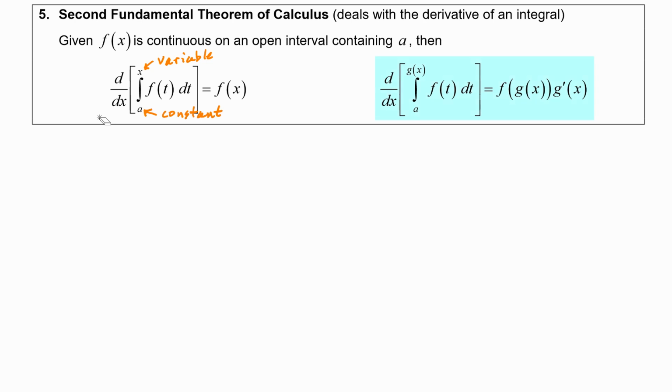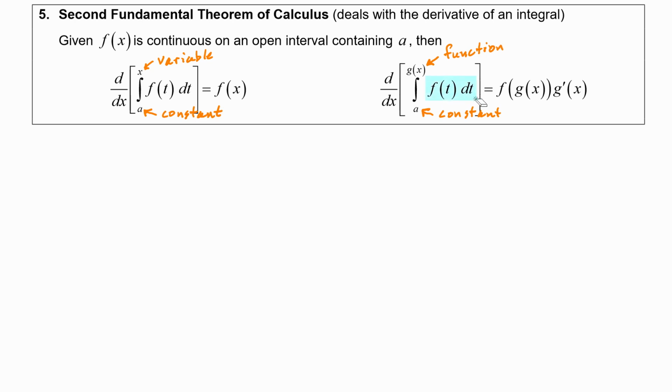Now in the second case here, it's a more generalized version. We have the derivative with respect to x of the integral from a to g of x of f of t dt is equal to f of g of x times g prime of x. Now let's look at the components here. A, once again, is a constant, and the upper limit of the integration is g of x, which is a function.